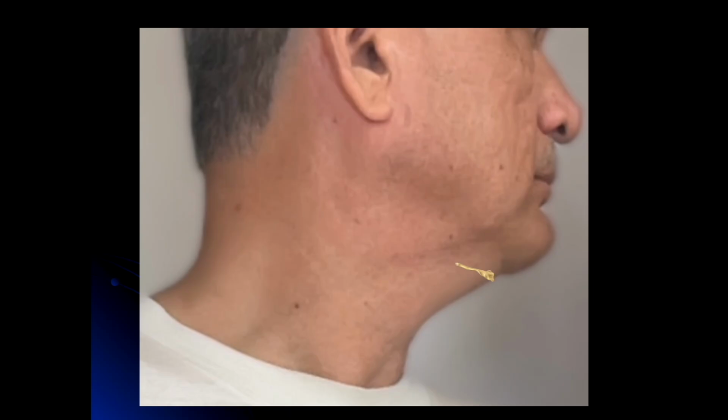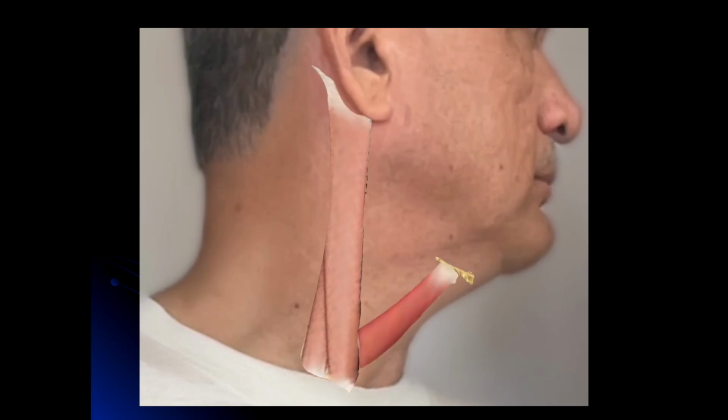Submandibular triangle, also called digastric triangle, is bounded by the mandible and the anterior and posterior bellies of digastric. Carotid triangle is bounded by sternocleidomastoid, superior belly of omohyoid, and the posterior belly of digastric.